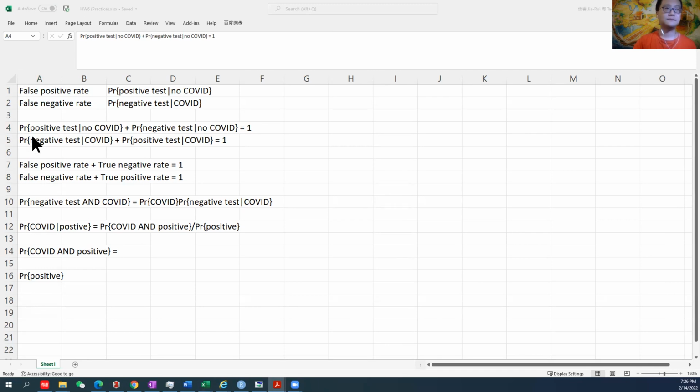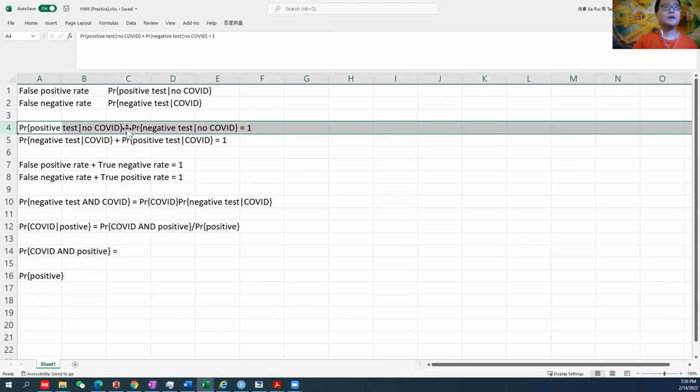Let's take a look. We know that this false positive rate is only relevant to the population who do not have COVID. Among people who actually do not have COVID, there are only 2 possible test results, either positive or negative. Together, these 2 probabilities should sum up to 1.